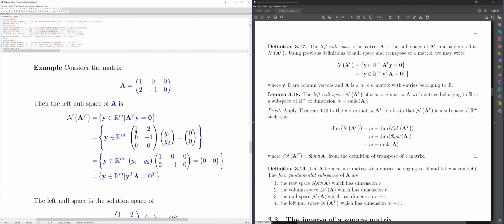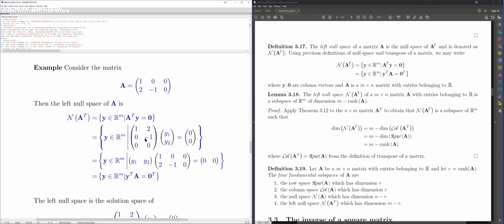Okay, so while I have this with set notation and so on, what's really important here is what's on the right hand side over here. Anyway, my left null space is the solution set of this matrix equation here.